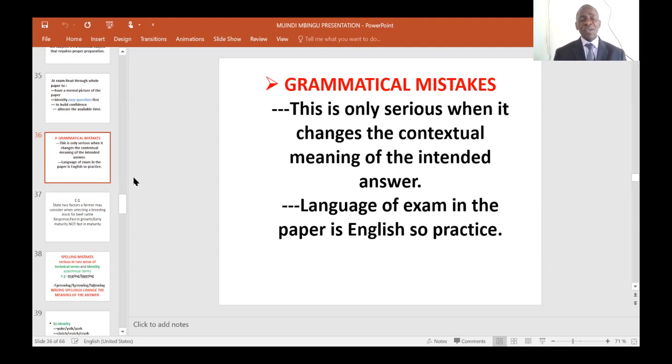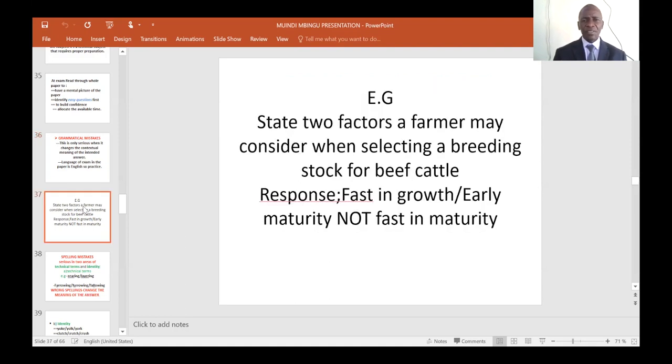Now, the language of the exam is English, so practice speaking English, explain yourself in English during this time of revision. Now, some examples of grammatical mistakes. Let's say you've been asked to state 2 factors a farmer may consider when selecting a breeding stock.